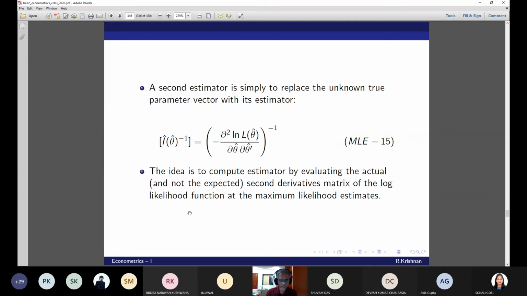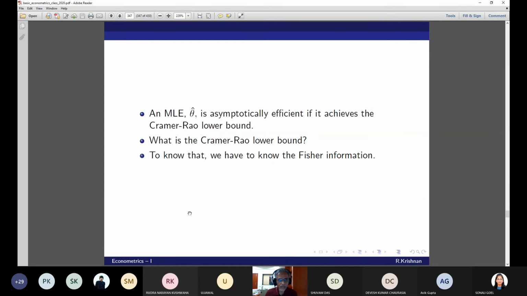So for any other situation, you have to rely on the information matrix or the standard errors that the packages give you. So the idea is to compute estimates by evaluating the actual and not the expected second derivatives.